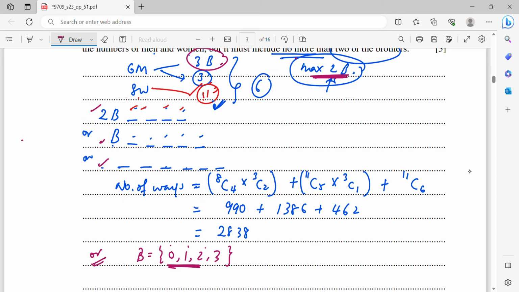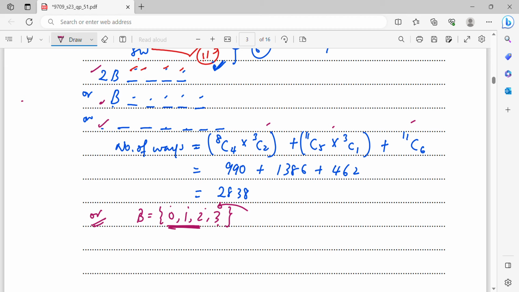So if you don't want to use these 3 cases, you can just use a complementation rule, which means you use any selection minus when 3 brothers are selected. Okay, that is the alternative method.